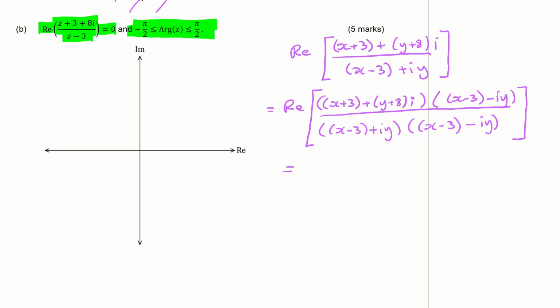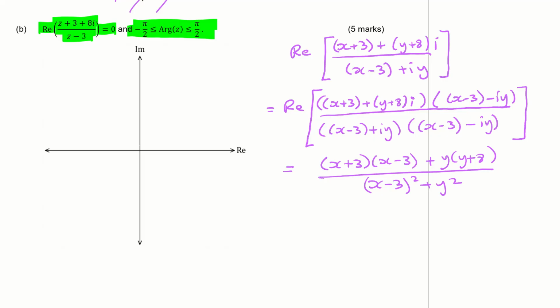So if we're only picking out the real parts, we've got x plus 3, x minus 3, plus y plus 8, and that is all over x minus 3 squared plus y squared. Remember, the bottom is a DOPS. We're not really worried about that anyway, because if that's equal to 0, then we're only worried about the numerator being 0.